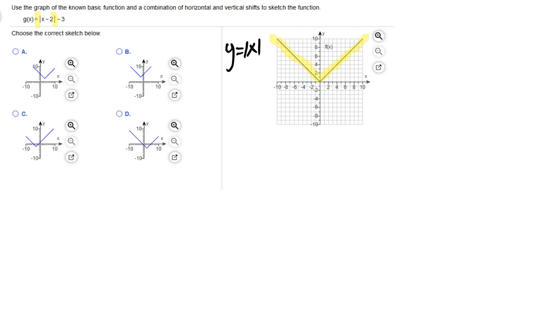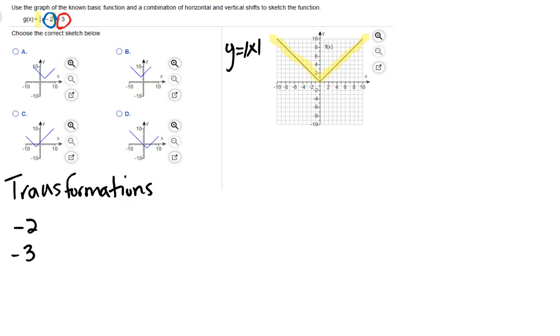And then we want to analyze the transformations in the equation. So in my equation, I have a minus 2 and a minus 3. Those are my transformations. The minus 3 and the minus 2.